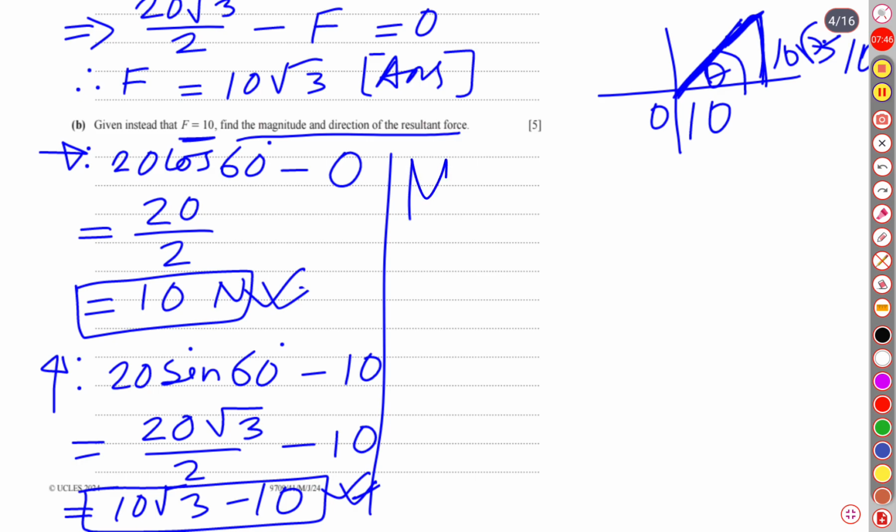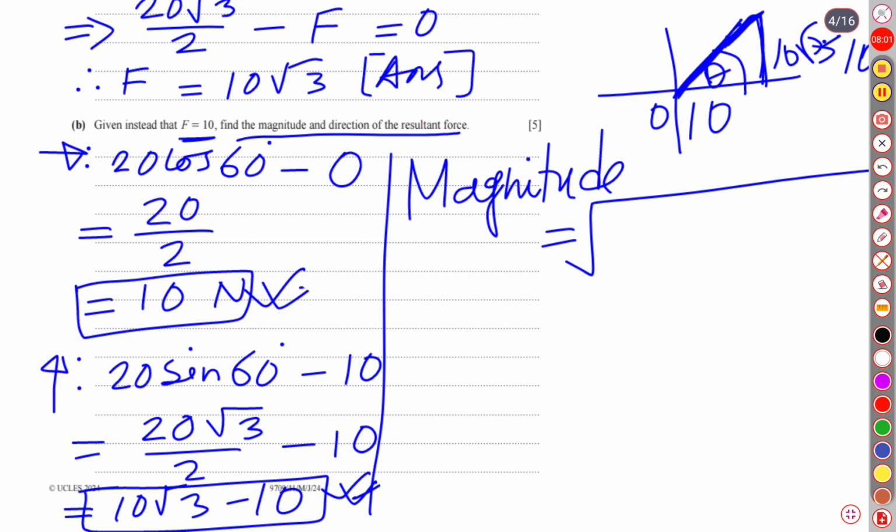So the magnitude is equal to square root over x squared, which is 10 squared, plus y squared, which is 10 square root over 3 minus 10 whole squared.